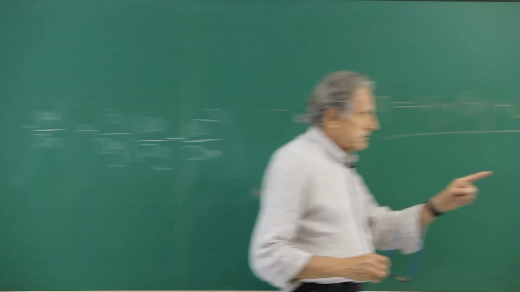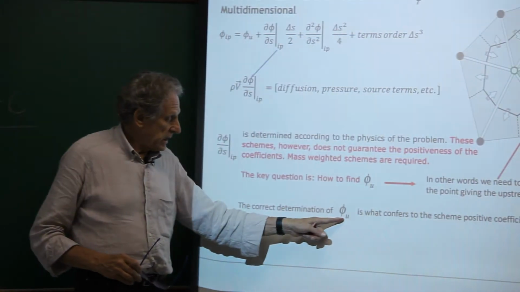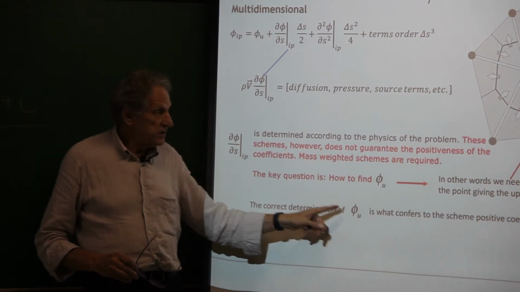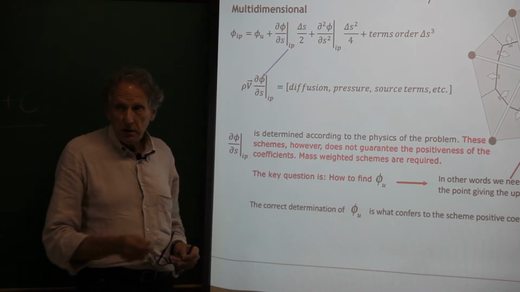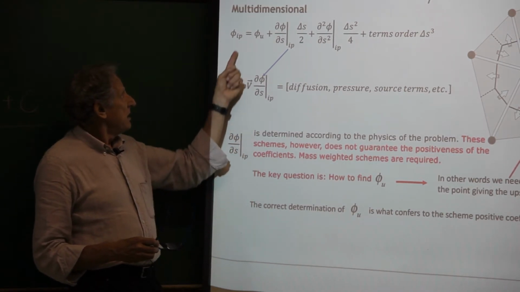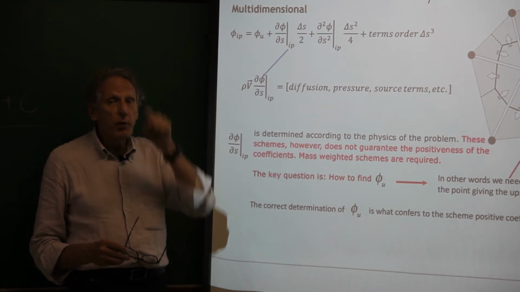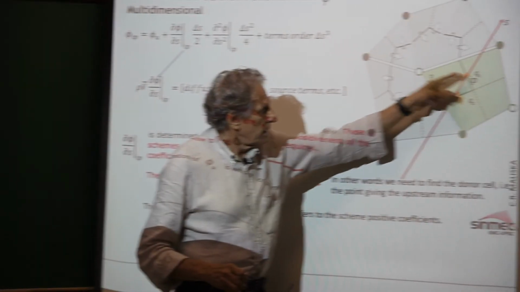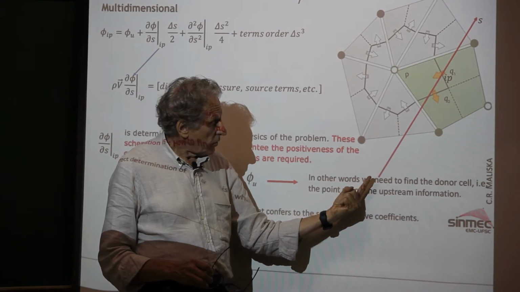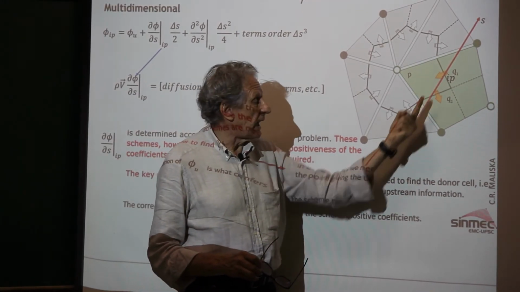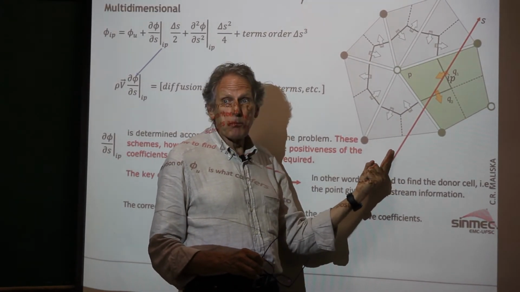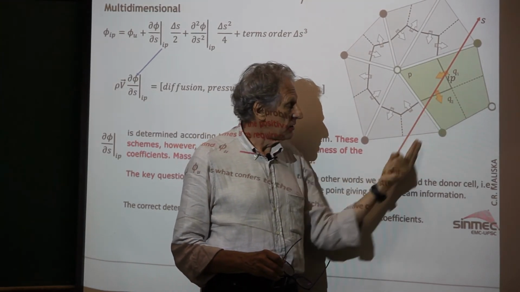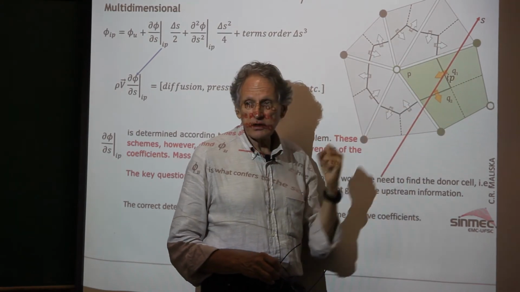This is the concept of donor cell, and this is why it is important. We are saying that the phi at the integration point in which I am interested depends on what is informed upstream plus what the physics changes from upstream to the integration point.